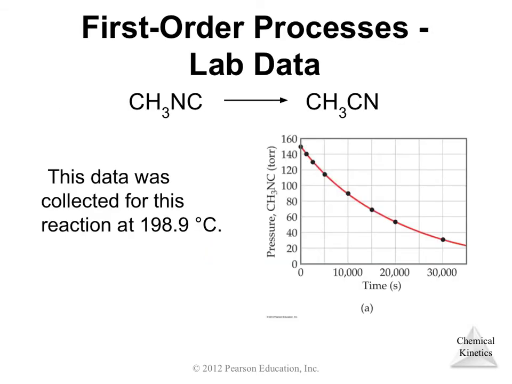We gathered the data for this, or someone gathered the data for this at 198.9 degrees Celsius, and this is the graph that they found. So from this graph, because it's not a straight line, we know for sure it's not zero order.